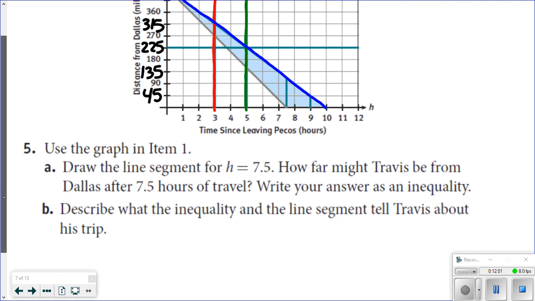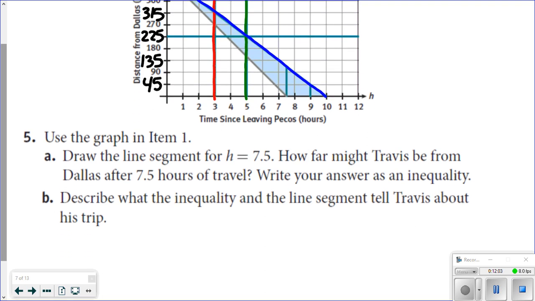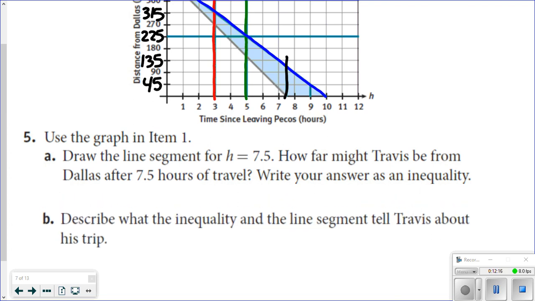Question 5. Hopefully you've drawn in the line at 7.5. So then we're going to write the answer as an inequality.